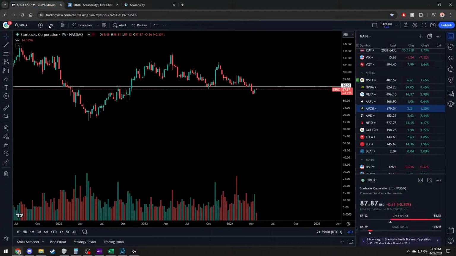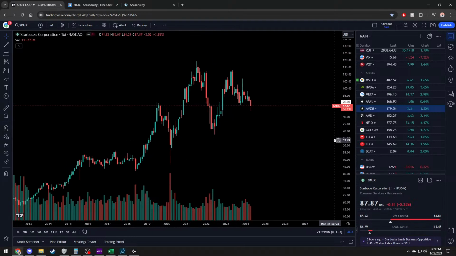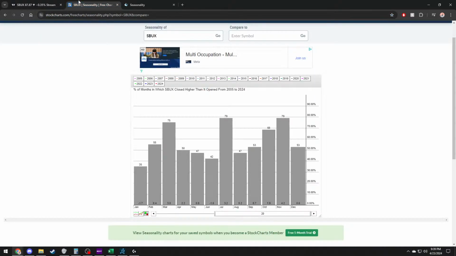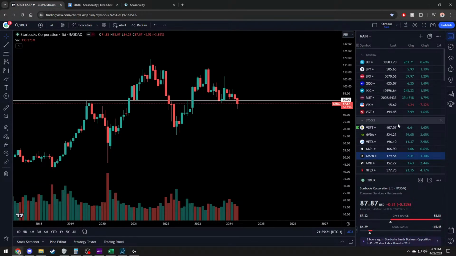As far as options go, though, I don't know if you can get a big enough move on Starbucks, unless that is a low IV. That's why I like to stick with the tech stocks, because they usually move a little bit more. You need that reward for the risk.